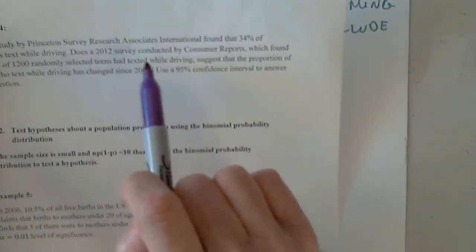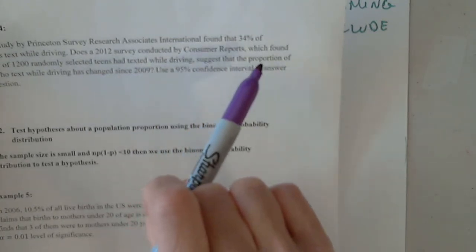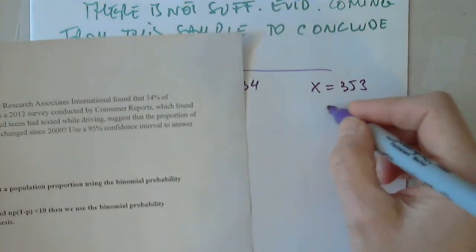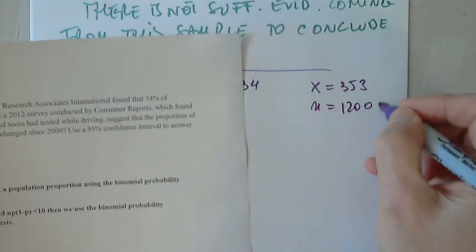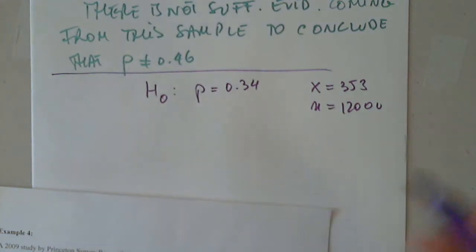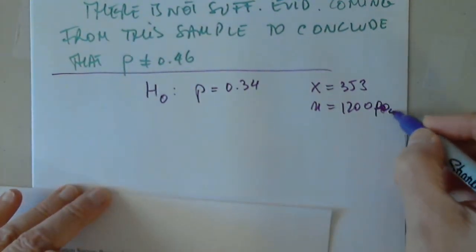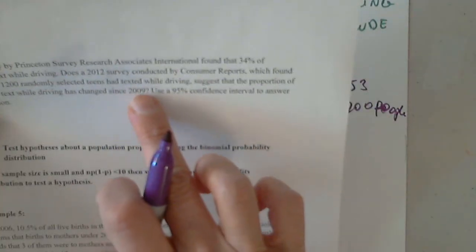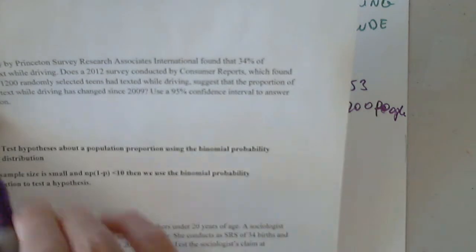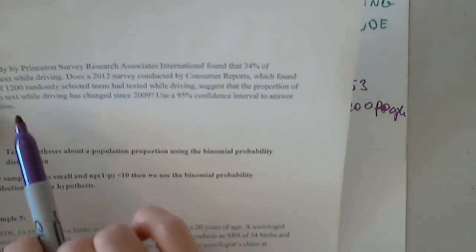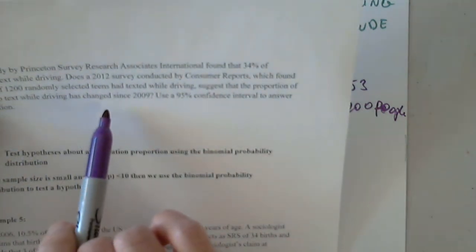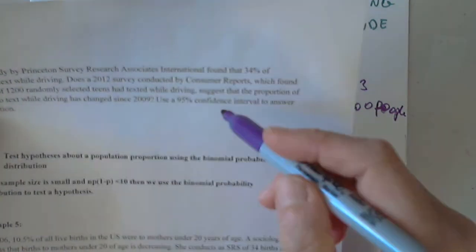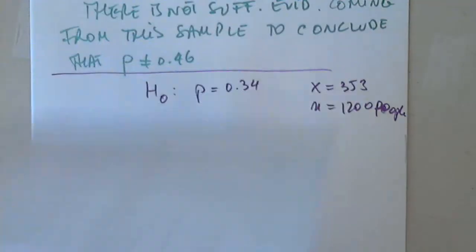Does a 2012 survey conducted by Consumer Reports, which found that 353 out of 1,200 randomly selected teens had texted while driving, suggest the proportion of teens who text while driving has changed since 2009? Use a 95% confidence interval to answer the question.